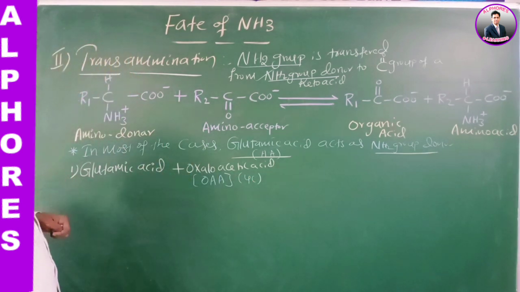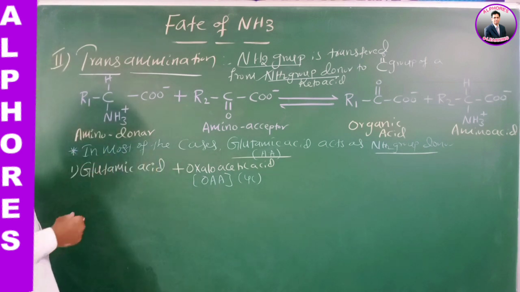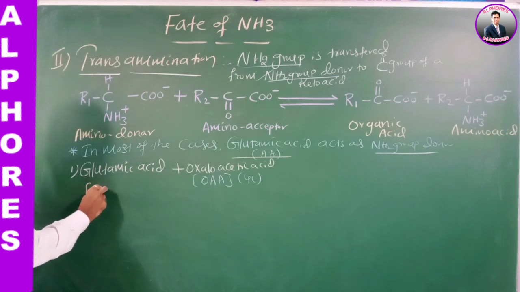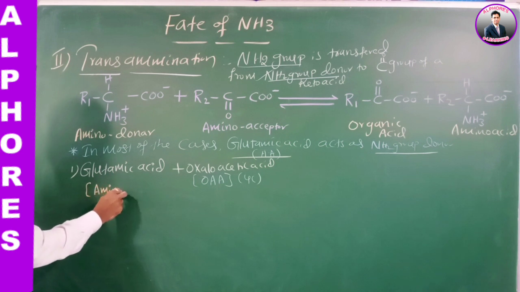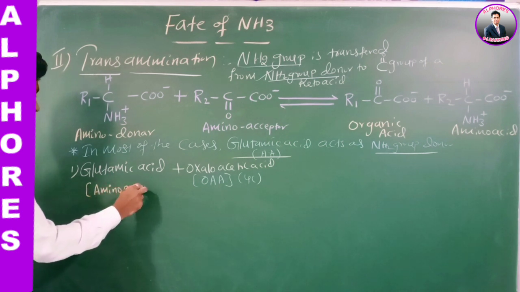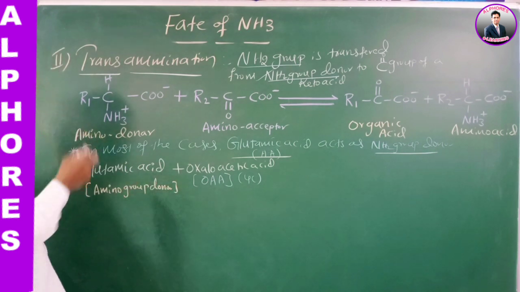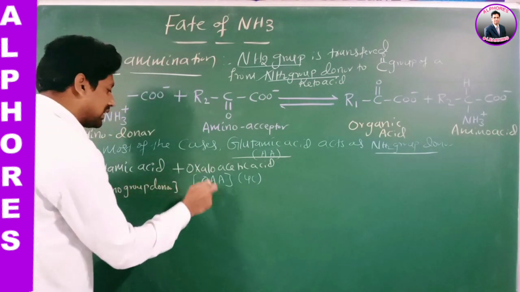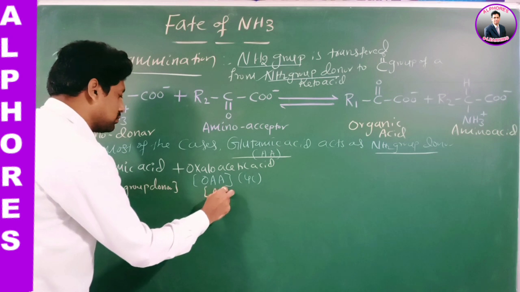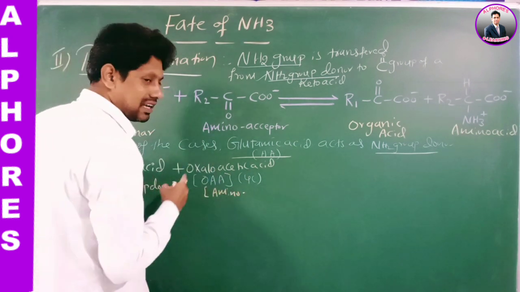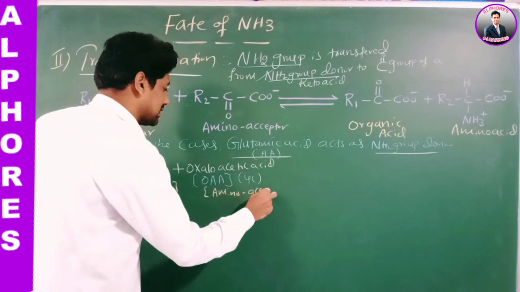In this reaction, this glutamic acid is the amino group donor. It donates the amino group. That amino group is accepted by whom? Oxaloacetic acid. Therefore, oxaloacetic acid is the amino group acceptor.